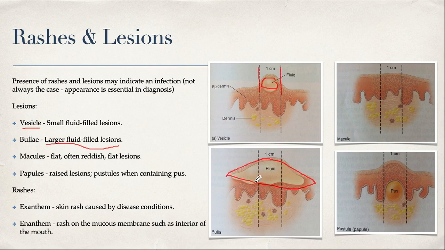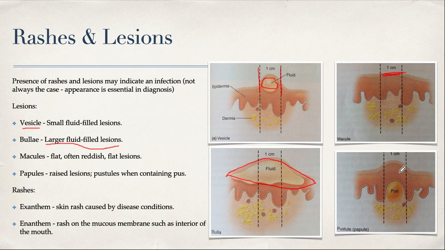Then you have the macules, and these are flat. They are often reddish, and not as raised or fluid filled as you will find in the vesicles and the bullae. It's also limited to just about 1 centimeter. Then you have the papules.